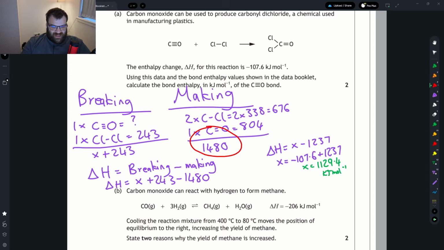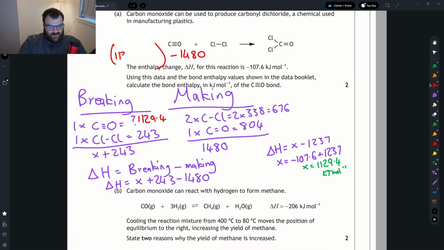So the making side hasn't changed. It's still going to be minus 1480. But in the breaking side, we would have the 1129.4, add on my 243. And then when you do that, it comes out with minus 107.6 for that.